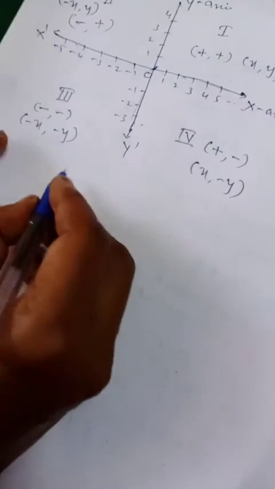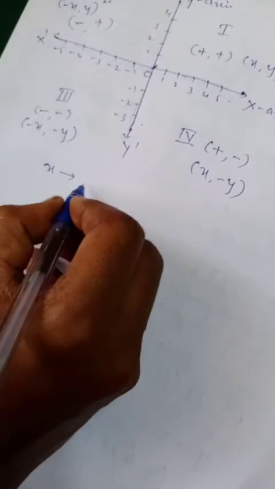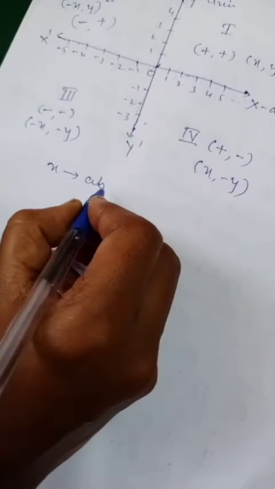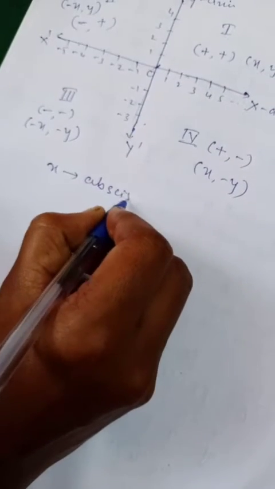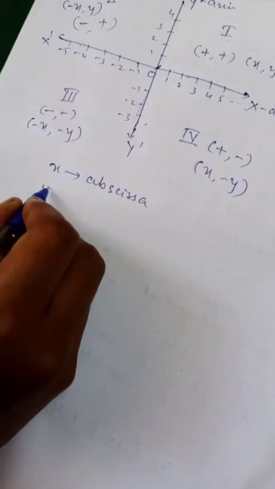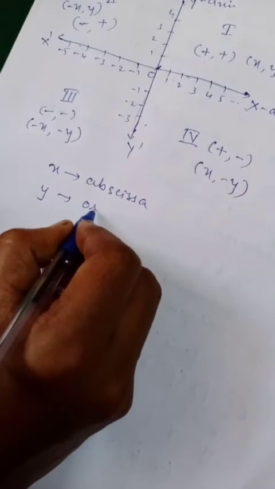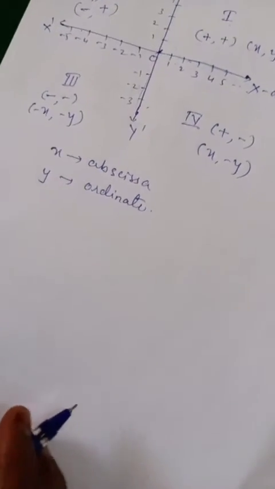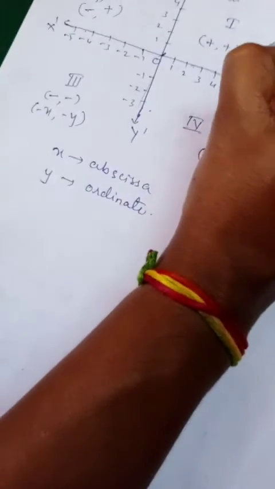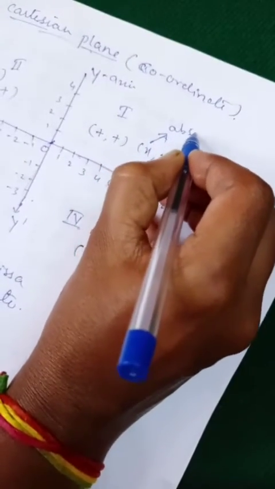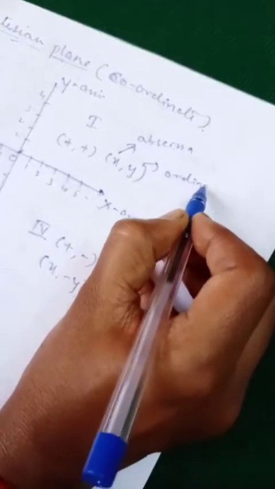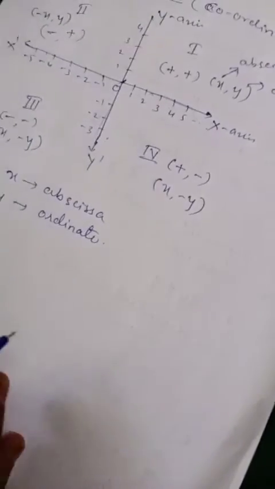Here x is called the abscissa, and y is called the ordinate.